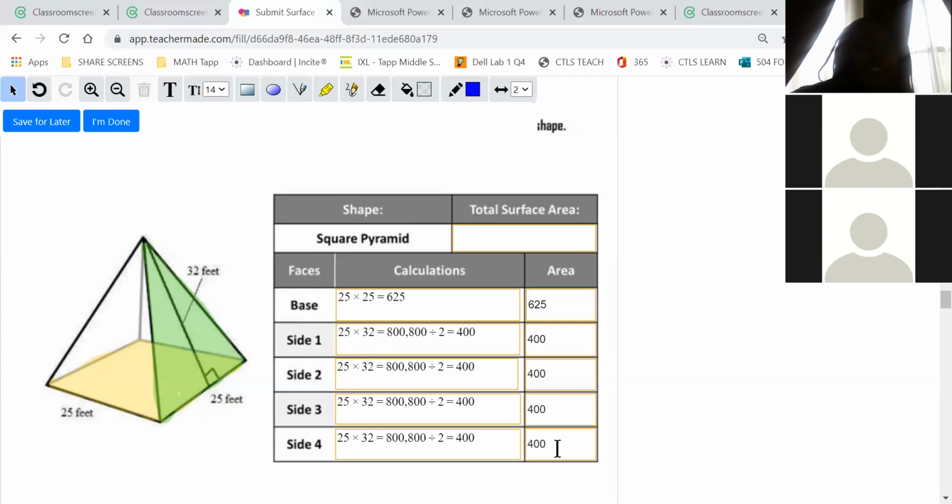So you can put this in a calculator a couple different ways, all right? You could say 400 times 4, because it's 4 triangle sides, and then add to that 625. Or you could say 625 plus 400 plus 400 plus 400 plus 400. And either way, you should get an area of 2,225.